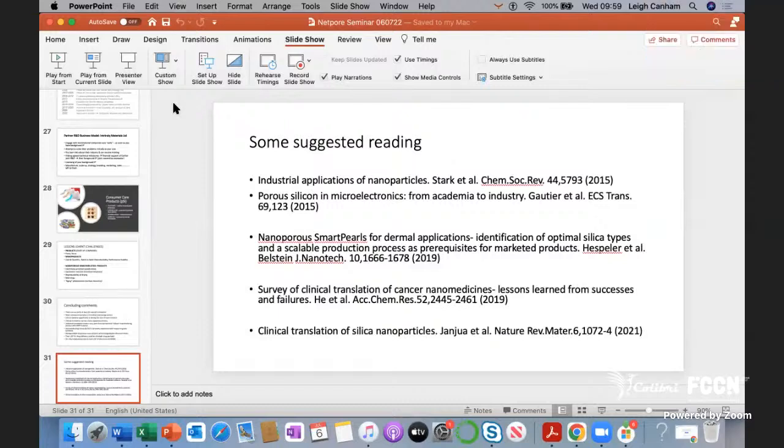Okay, thank you. At the moment, there are a number of ways to make porous silicon. Some are top down, some are bottom up. The top-down techniques, like anodization, are particularly good for chip-based products, where you're trying to get a product with a unique selling point.